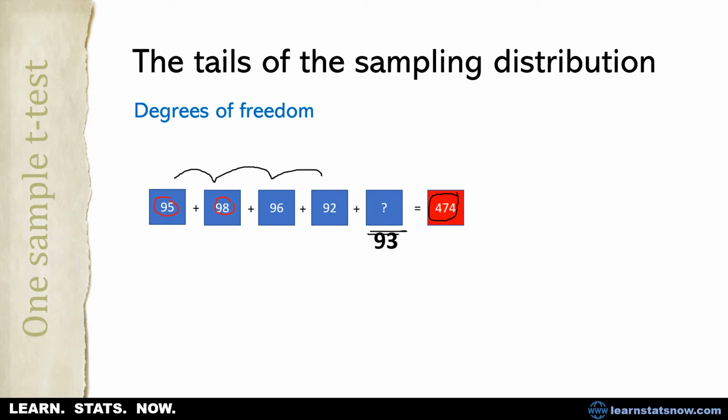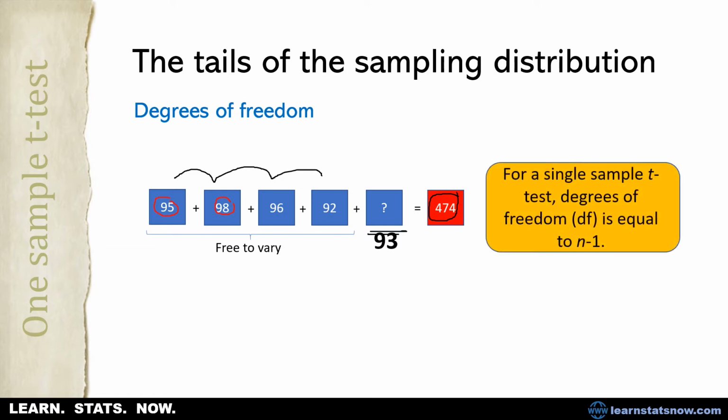Because now if we add 93, we get 474. Okay, so what that means is that only some of the observations, all but one of the observations, are free to vary. And that's one of the assumptions of our analyses, that each observation is randomly drawn from the population. So the values should not be dependent on any other values in our data set.